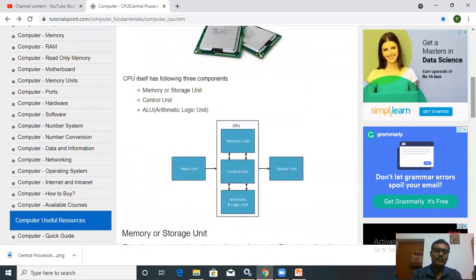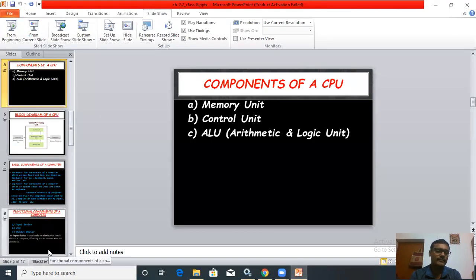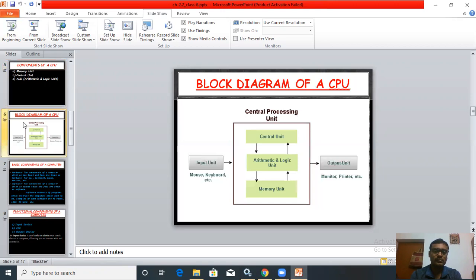Now you can see this block diagram of the CPU. This is the input unit.